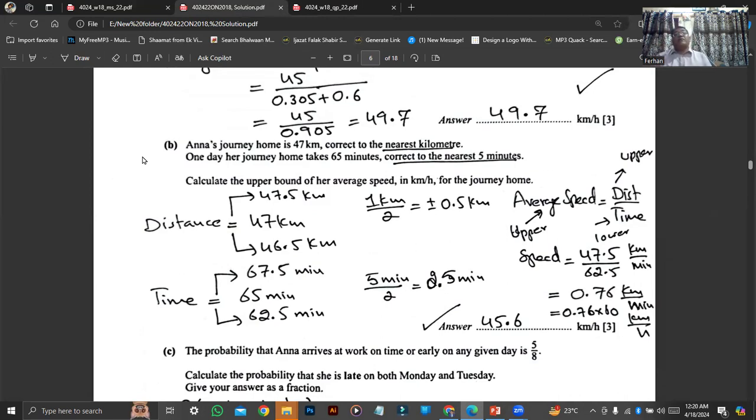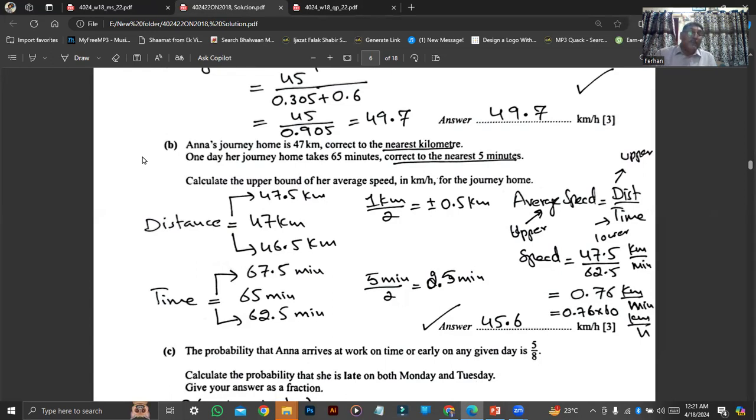So the distance upper bound will be 47.5 kilometers, and the time's lower bound will be 62.5 minutes. When you divide 47.5 kilometers by 62.5 minutes, you get 0.76 kilometers per minute.